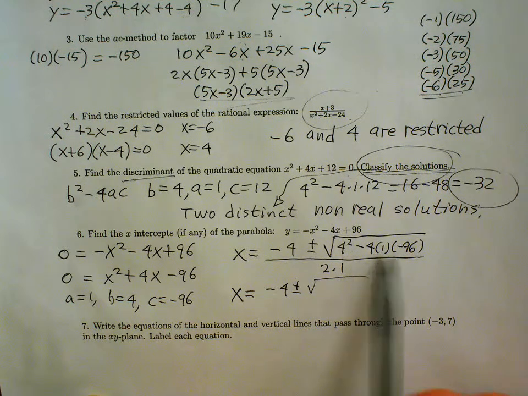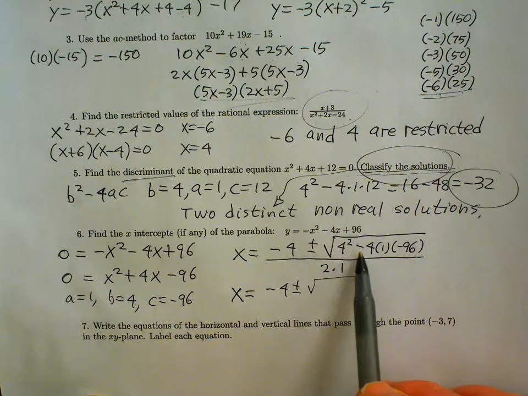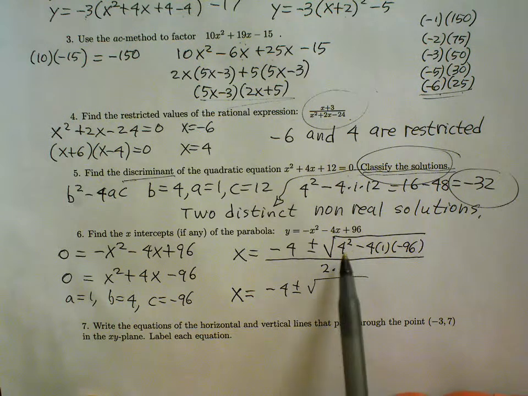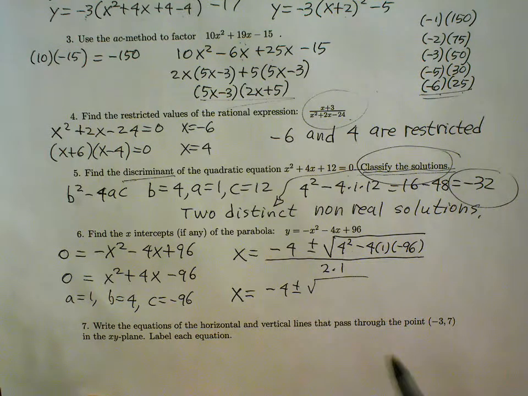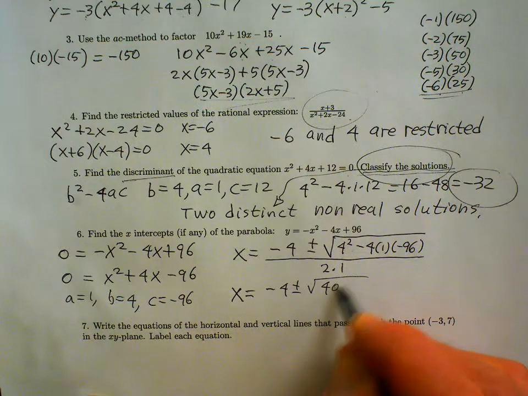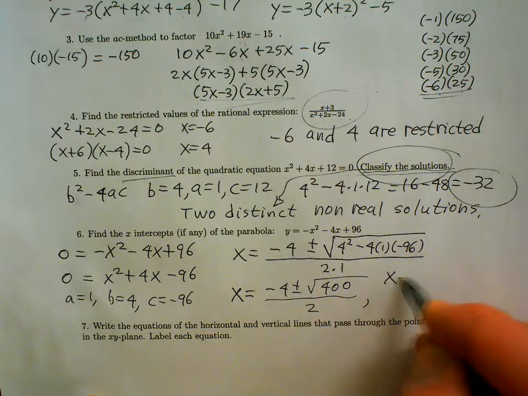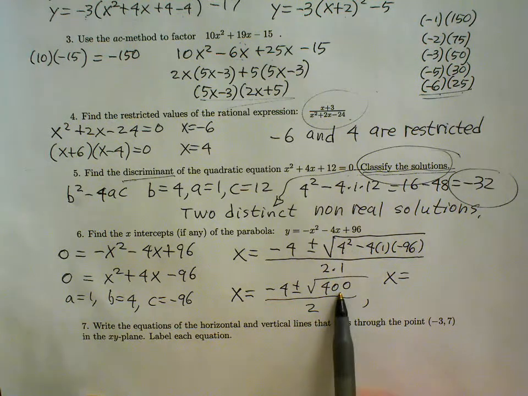Since we're subtracting a negative, it's adding a positive. And 4 times 96 is 384. 4 squared is 16. 16 plus 384 is 400, which is a perfect square. The square root of 400 is 20.